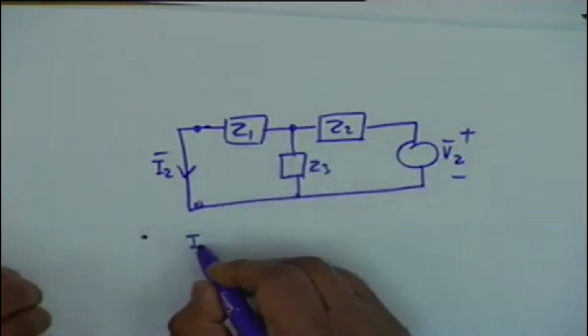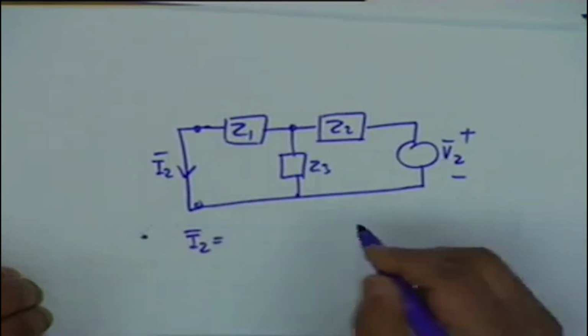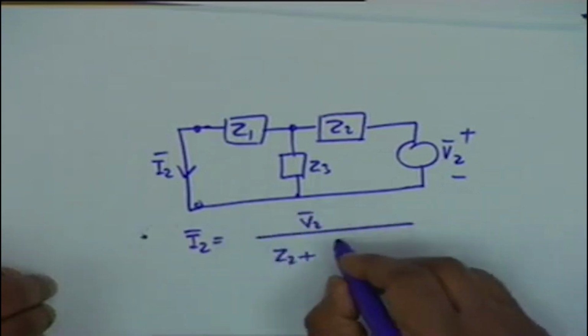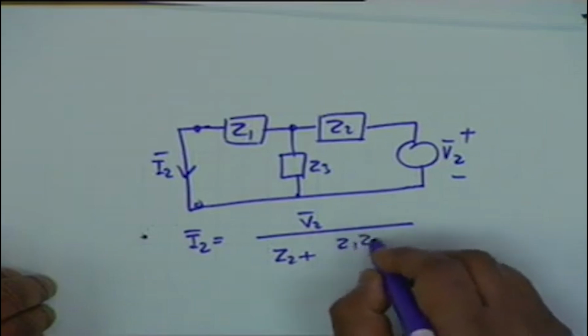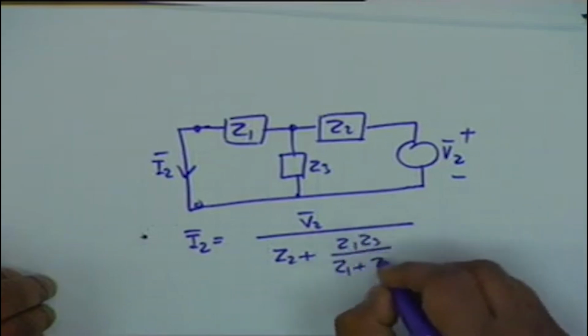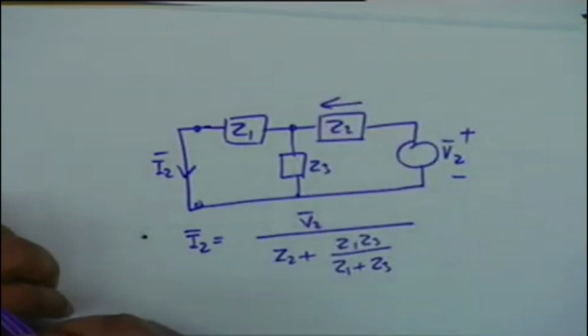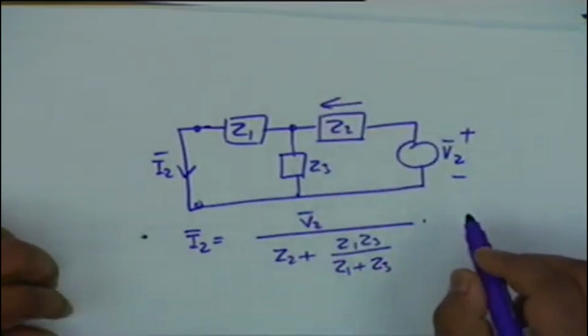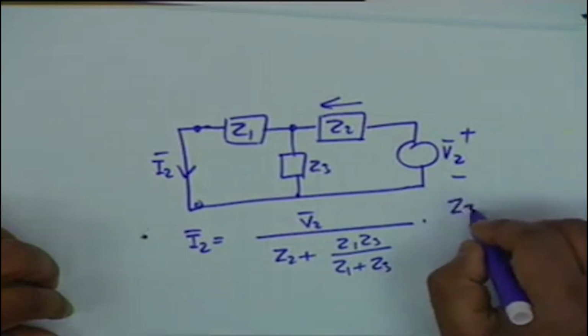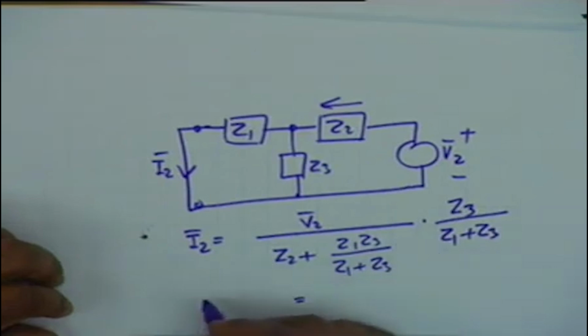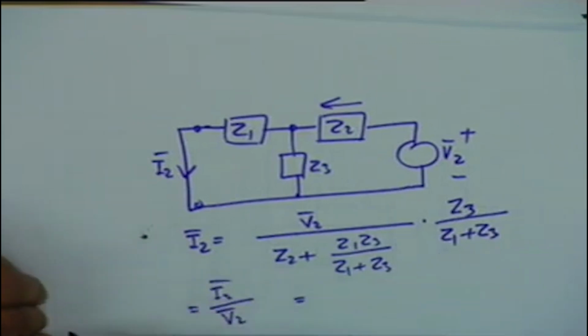Now can you find out I2 bar? The same way, it is V2 bar divided by Z2 plus Z1 Z3 divided by Z1 plus Z3. This is the current through Z2. It will come to be the same. That is correct. This would be Z3 divided by Z1 plus Z3, and you see that I2 divided by V2, what should we call this now?